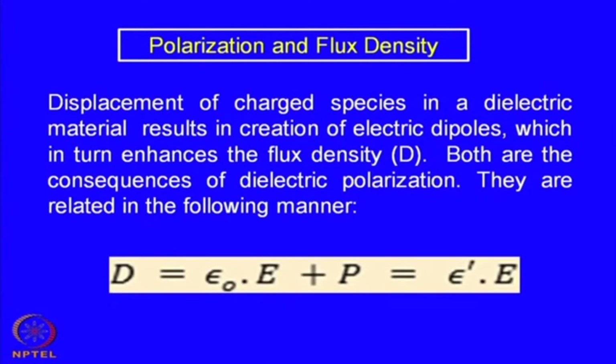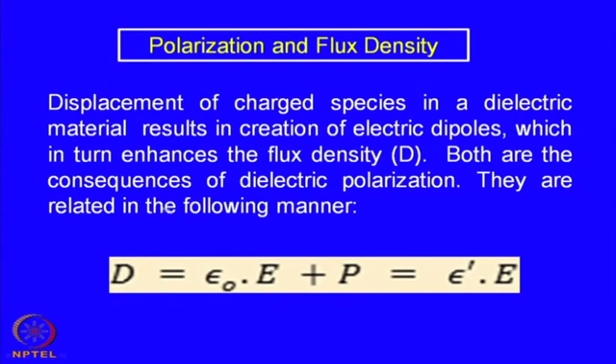D, the displacement or the flux density, is equal to epsilon naught, again the permittivity of free space, multiplied by the electric field, not the voltage, plus polarization. P is called the polarization. So, dielectric displacement or flux density is equal to epsilon naught E plus polarization, and that is nothing but epsilon prime multiplied by E.